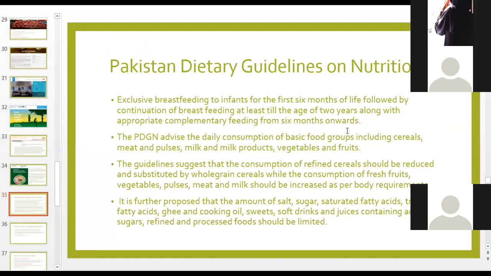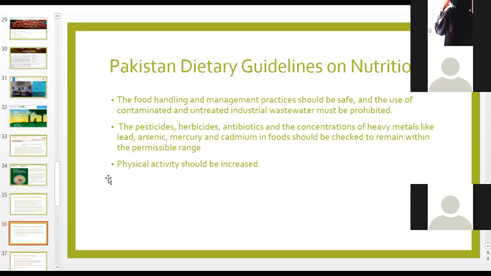Now, Pakistan dietary guidelines on nutrition. In Pakistan, it is recommended that infants be exclusively breastfed for the first 6 months, followed by continuation of breastfeeding until 2 years, with daily consumption of basic foods. The guidelines suggest that the consumption of refined cereals should be reduced, and that the amount of salt, sugar, and saturated fatty acids should be limited.